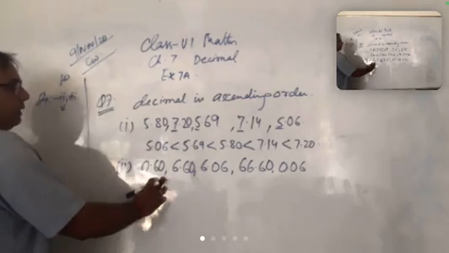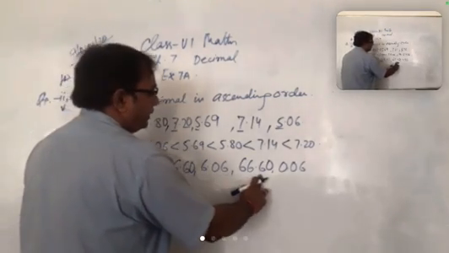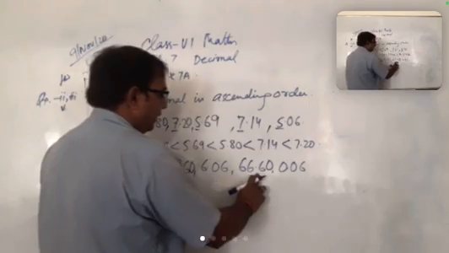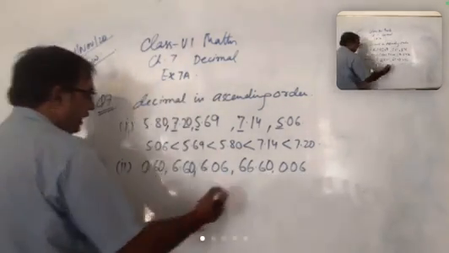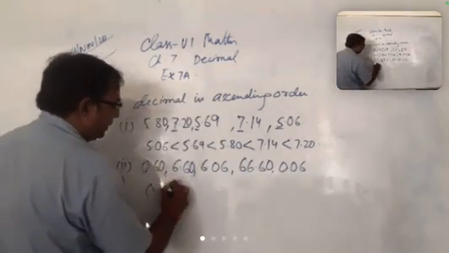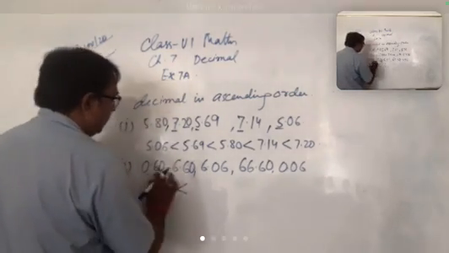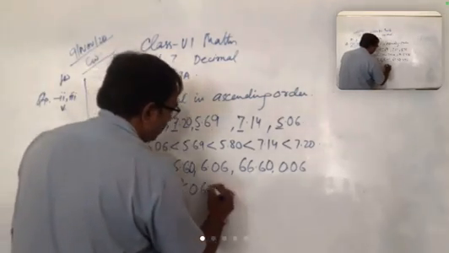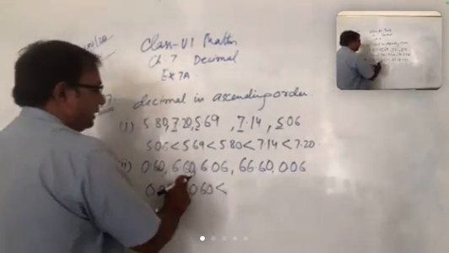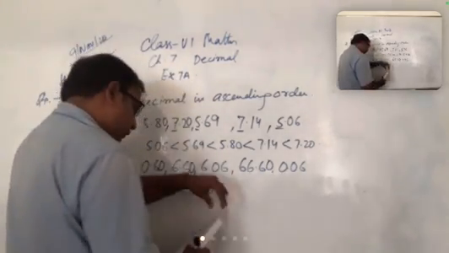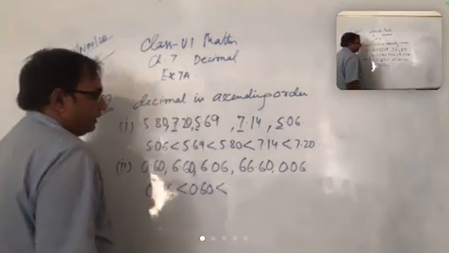Now check 0.60, 6.60, 6.06, 66.60 and 0.06. So the smallest number is 0.06. Then 0.60. Then 6.06, and this is 66.60.